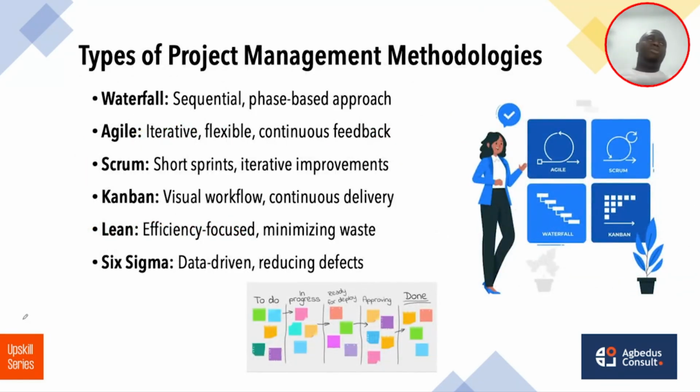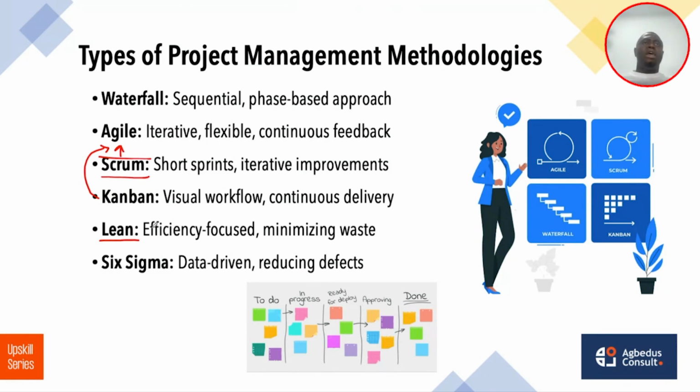There are different types of methodologies that people use when it comes to a project. We have the waterfall methodology. We have the agile methodology, and this is Scrum. But Scrum is a framework under agile. Kanban is also a framework under agile. Then we have Lean. Lean is also a methodology, but it is mostly used by the manufacturing industries to reduce waste.